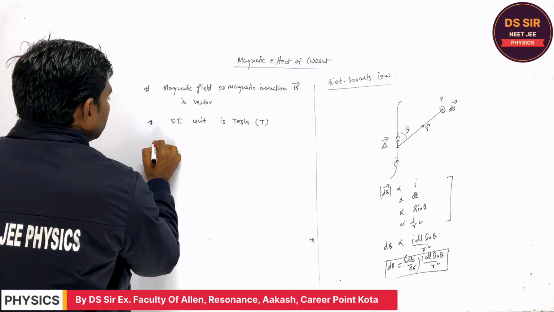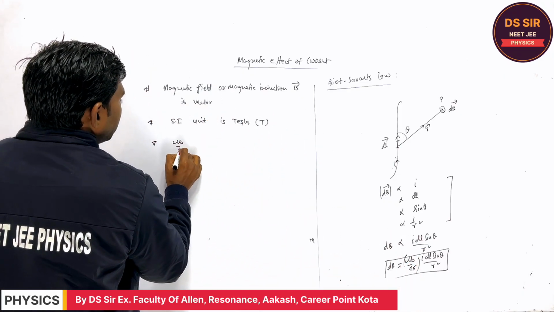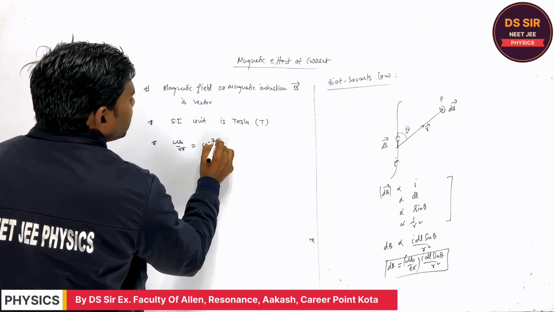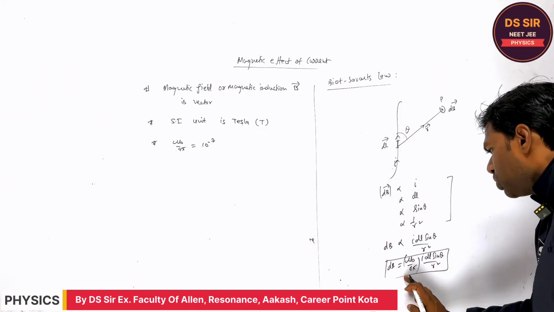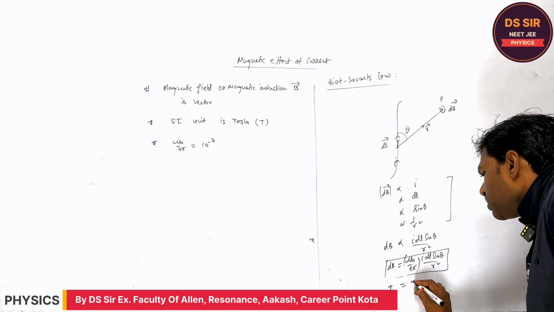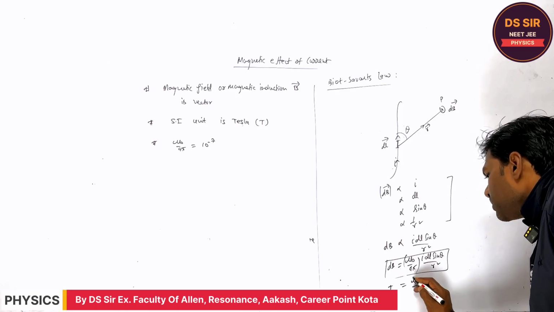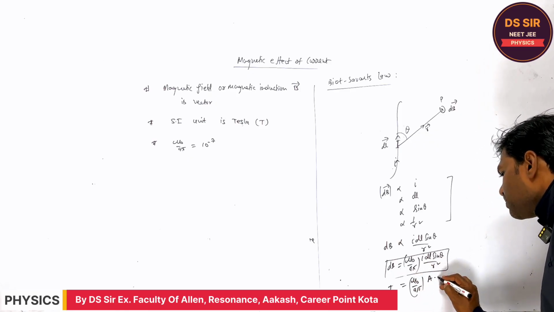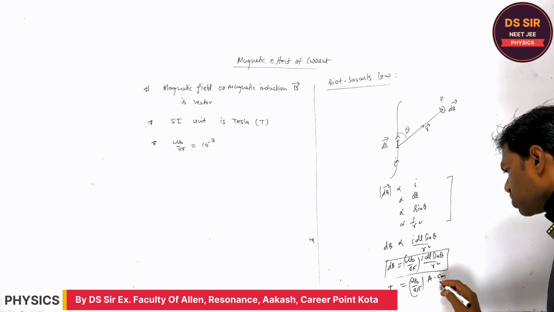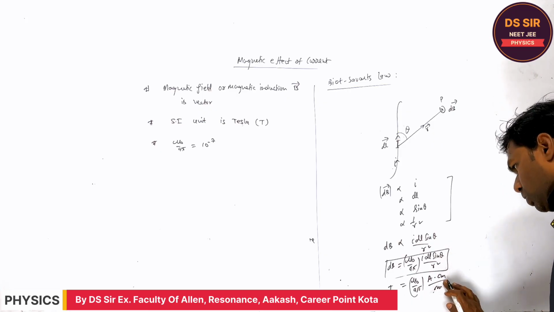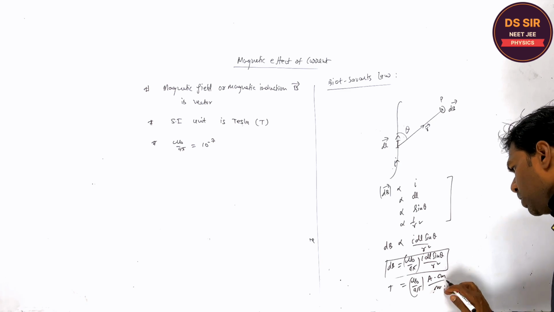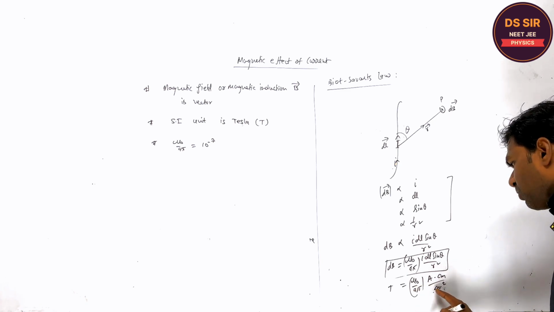This constant mu naught upon 4 pi is equal to 10 to the power minus 7. And what will be its unit? In the formula, B is in Tesla, I is in ampere, dl is in meter, sine theta has no unit, and r square is in meter square. So what will be the unit of mu naught upon 4 pi?